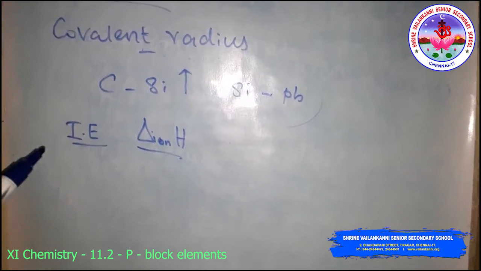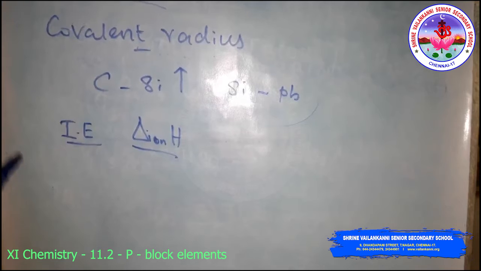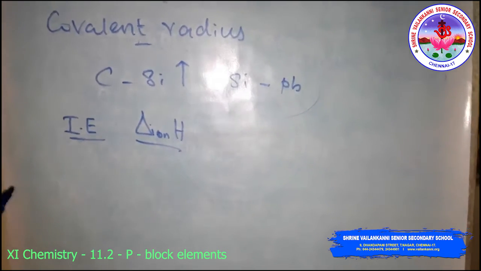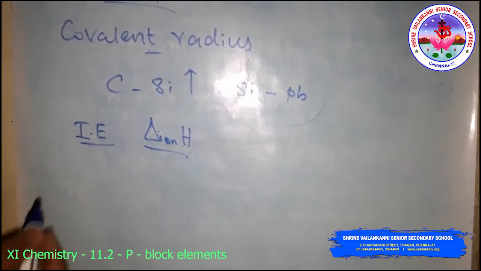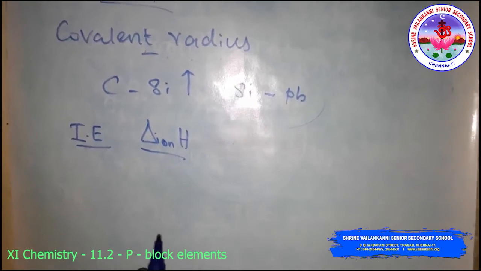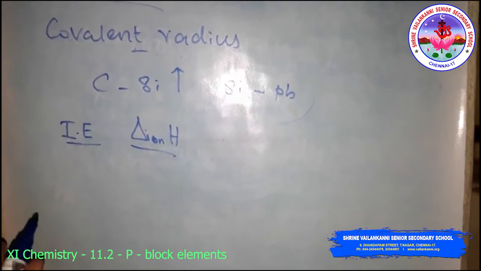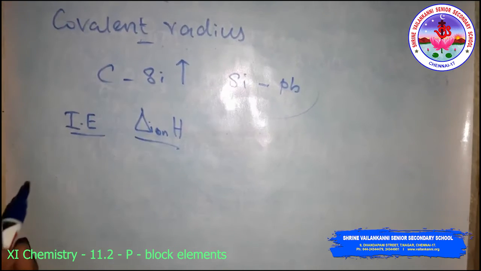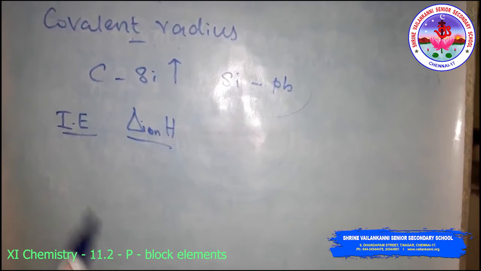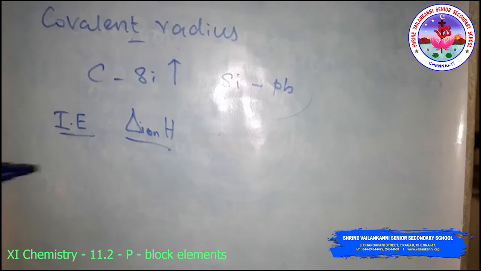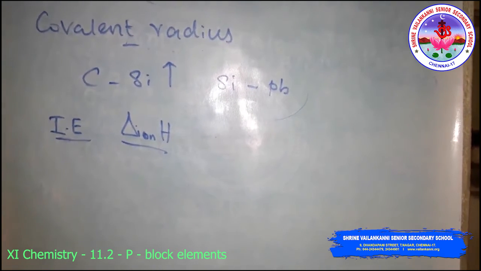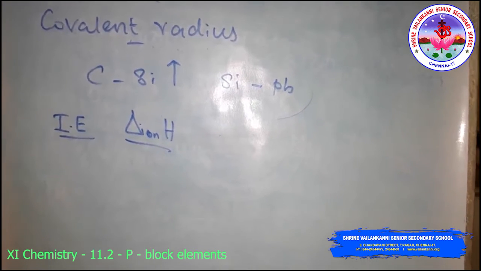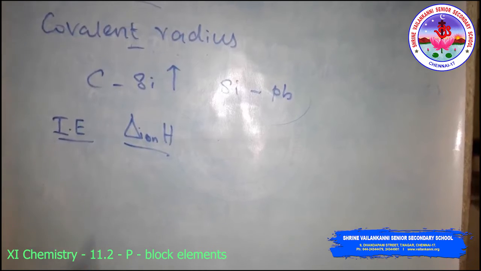The ionization enthalpy generally decreases down the group. There is a small decrease from silicon to germanium, then germanium to tin, and a slight increase in ionization enthalpy from tin to lead. This is the consequence of the poor shielding effect of the intervening d and f orbitals and the increase in the size of the atom. So this is the ionization enthalpy.